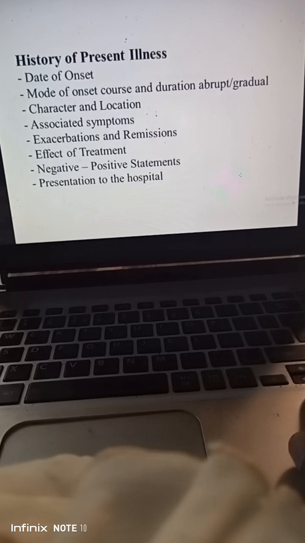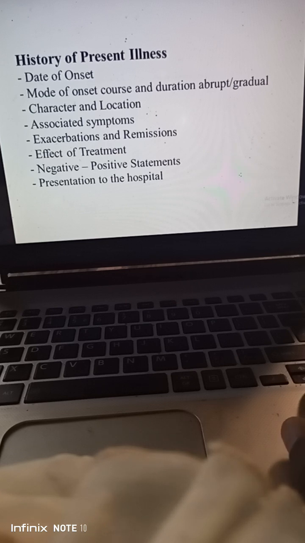The history of present illness is also very important. In fact, this is the most important part of the history that can help you to reach your diagnosis. So to reach your diagnosis, your history of present illness should be well elaborated, well discussed, so you can easily reach your diagnosis.